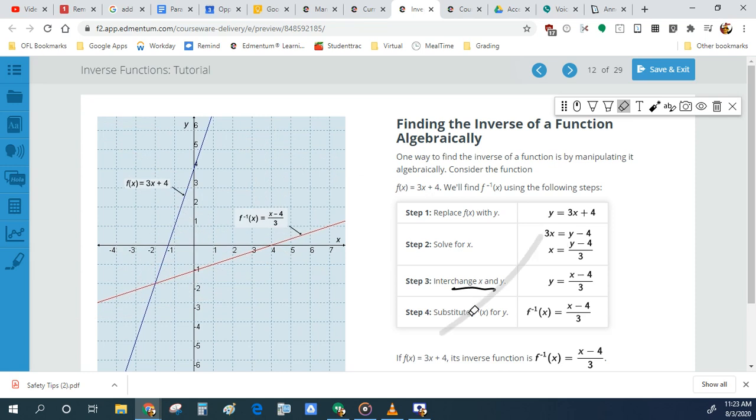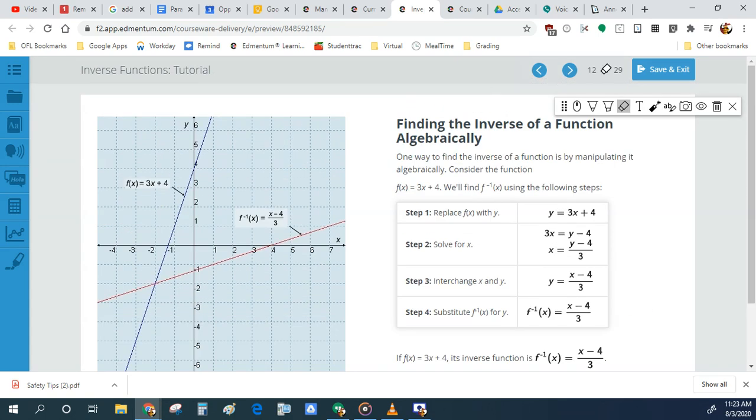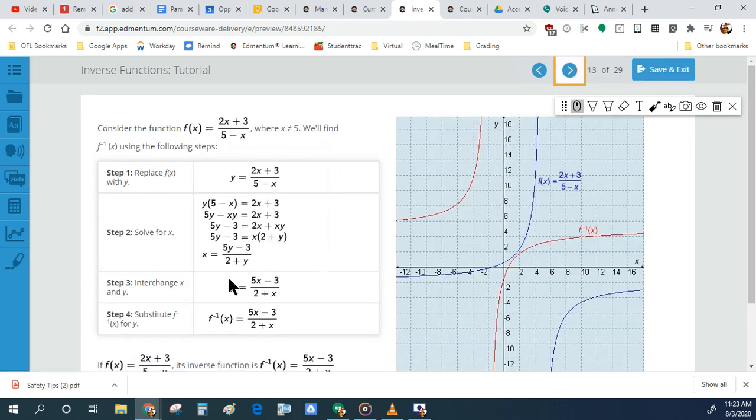So that's the easiest way to solve for the inverse: plug in your y for your f of x and solve for x, and switch it out. And instead of writing this as your new y, you're going to write it as f inverse of x. So again, this is the inverse sign. And that's the step. I recommend remembering this step page, screenshotting it or whatever you need to do. Page 12 out of 29, I think it's going to be very useful in doing this.